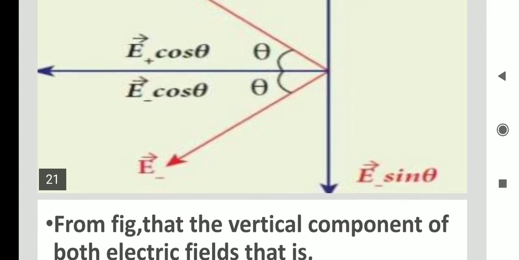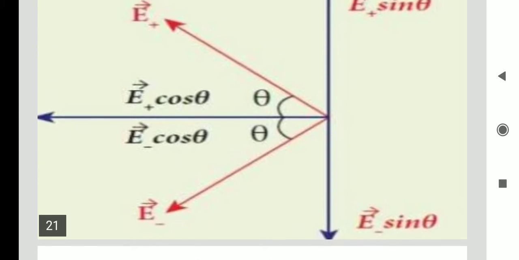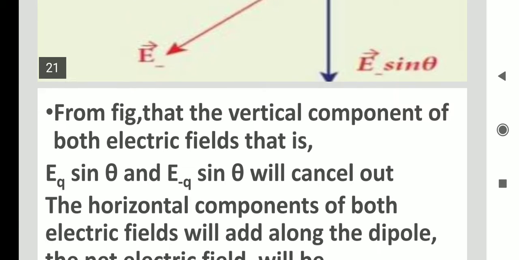Why? Because from the figure, the vertical components of both the electric fields, E_plus Q sine theta and E_minus Q sine theta, will be cancelled out. Why?